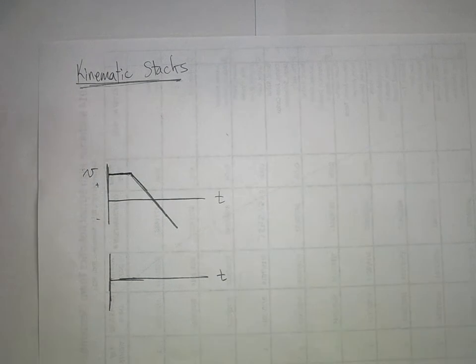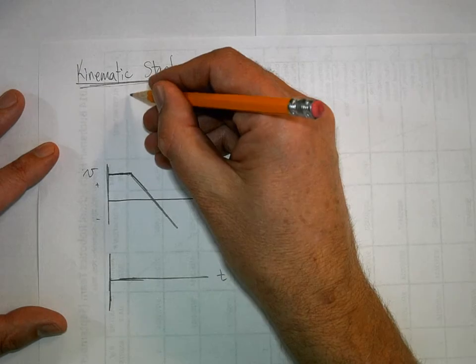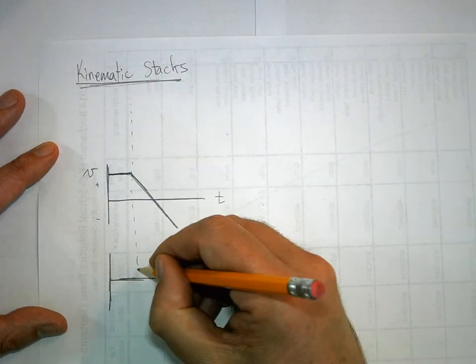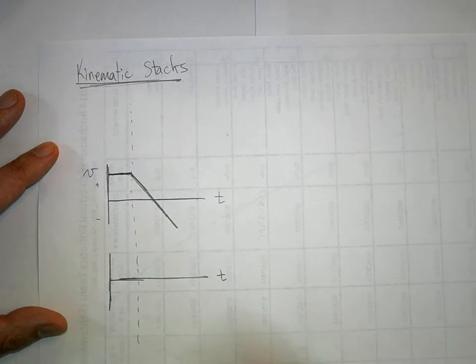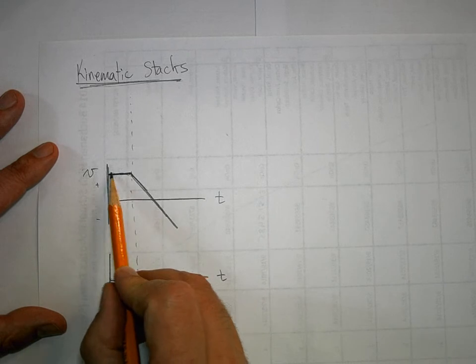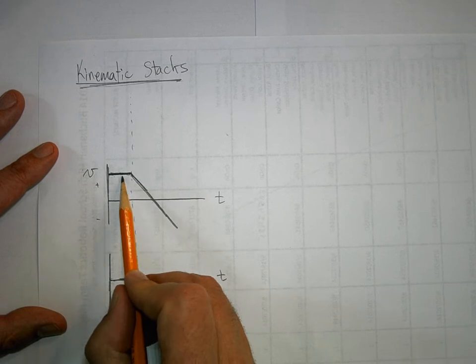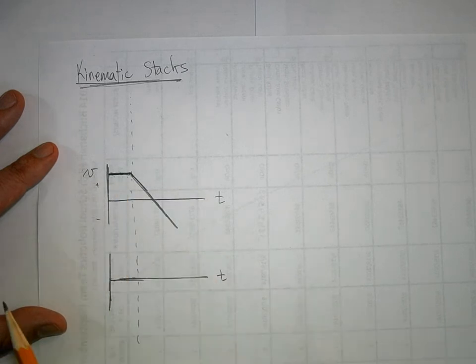Now, whenever you see a change, I always draw a dashed line, kind of like this, because that's where the change happens. So what was my acceleration for the first period of time? Well, what's the slope of this line? My velocity is constant. There's no change in velocity, which means my acceleration is 0.